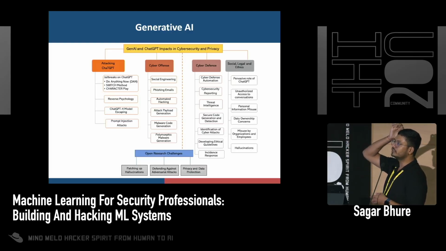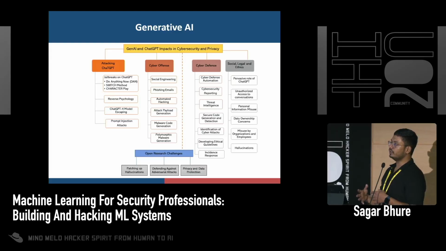In cyber defense automation, ChatGPT is used to generate rules, for reporting tools, for threat intelligence, and for secure code generation. Let's say you have a pull request on GitHub or any source control, and you want to write a pull request description for it. Generative AI is probably used there.